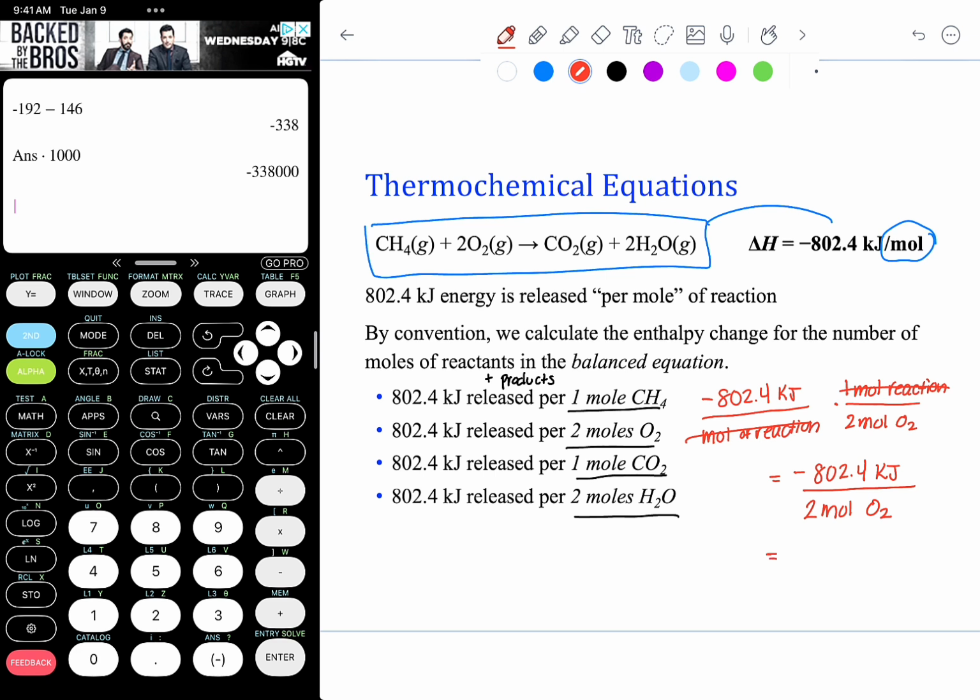Or you could do that division and say for every 1 mole of oxygen, it's 401.2 kilojoules per mole of O2. You would have to specify that that is for moles of O2 now and not for the full reaction. Okay, so that's how we can use our mole to mole ratios to show that for these thermochemical equations, the mole that we're talking about here is for the whole reaction, or we can substitute in our coefficients from out in front of our reactants and our products.